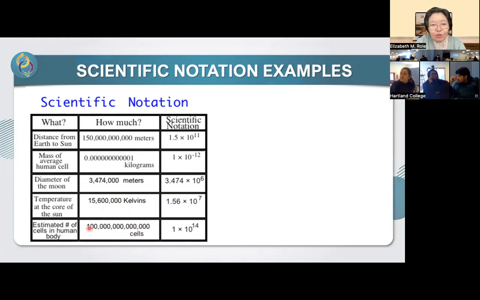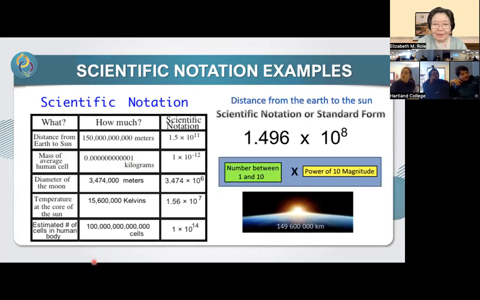You end there because you need a 1. So it will now be 1 times 10 to the 14. All right. Okay, so that's scientific notation.